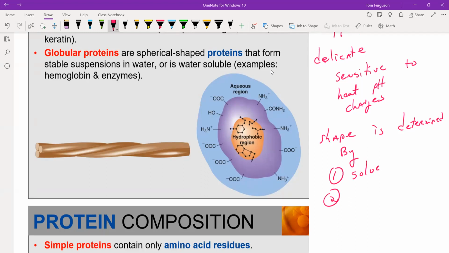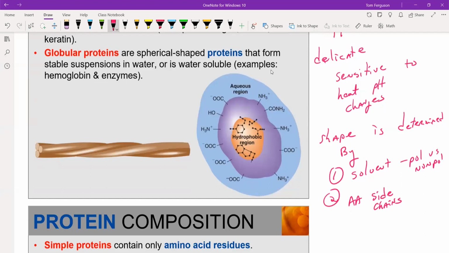Solvents: what solvent is the globular protein in? Is it polar or non-polar? Secondly, the amino acid side chains.